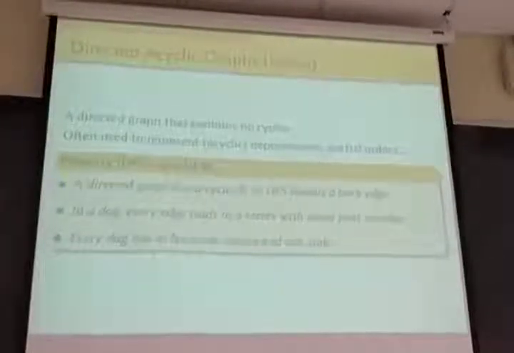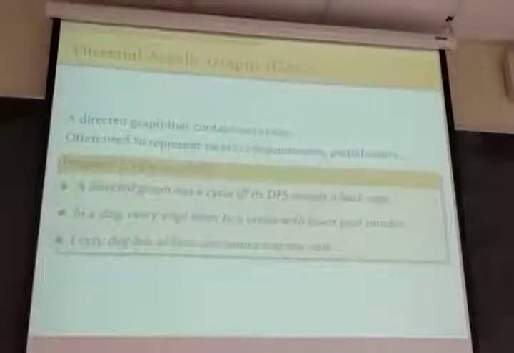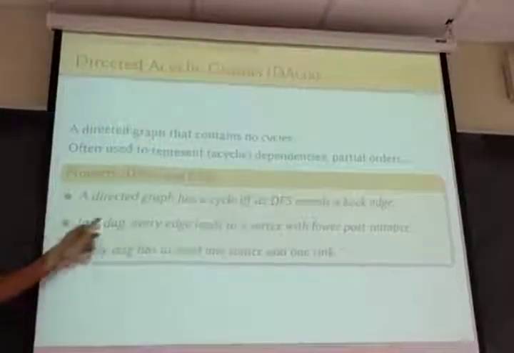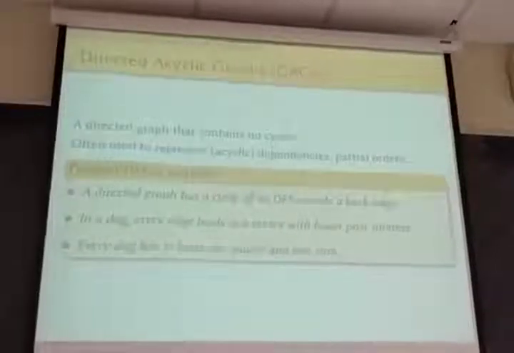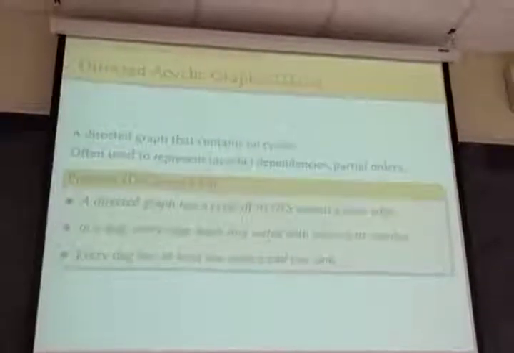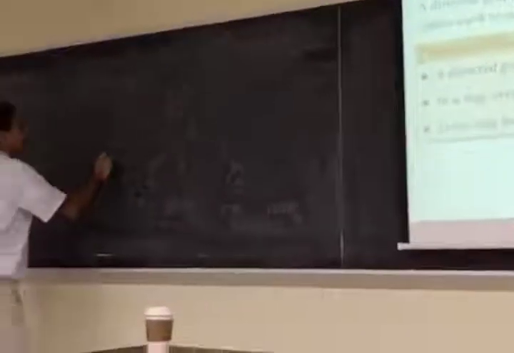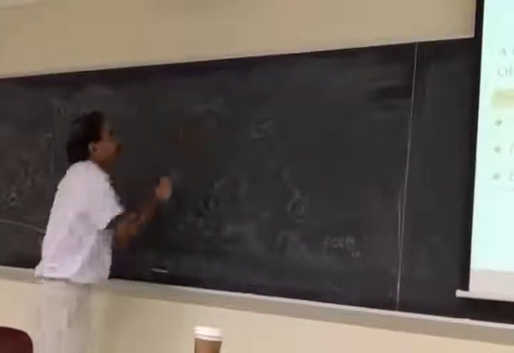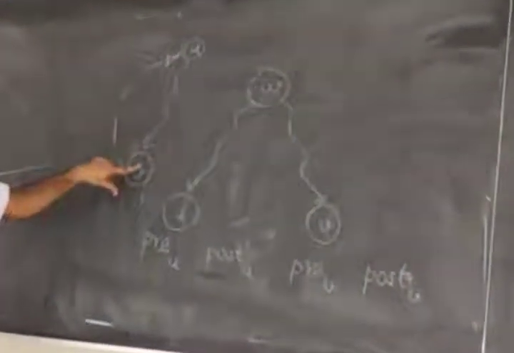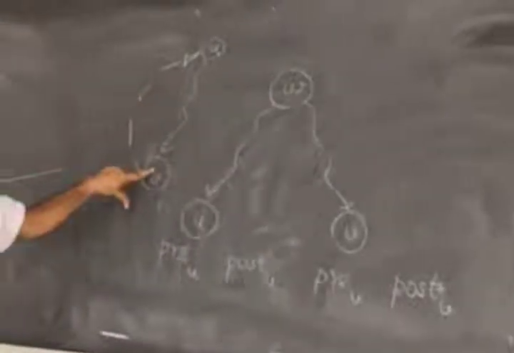During a DFS, you can easily determine whether you are looking at a DAG or not, by checking whether there is a back edge. If you discover a back edge during DFS, what does that mean? So there is a u, there is a v. You have a sequence of edges to go from u to v.